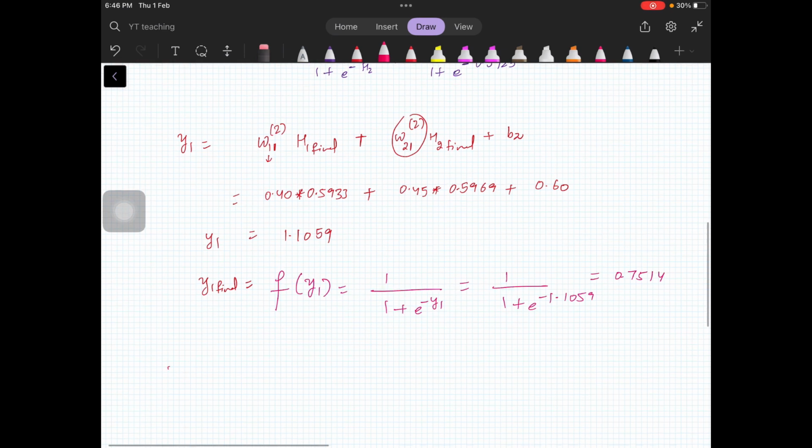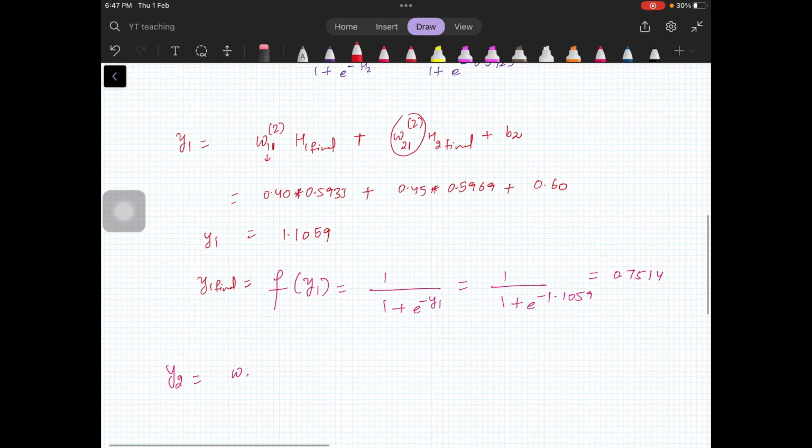Similarly, you can go for y2. What is being fed into y2? That is again h1 final and h2 final. So you have the weight 1 going into 2, and then the second layer, and then h1 final, and for the second one you have 2 going into 2 and the second layer, and h2 final, and then you have your bias term which is b2.